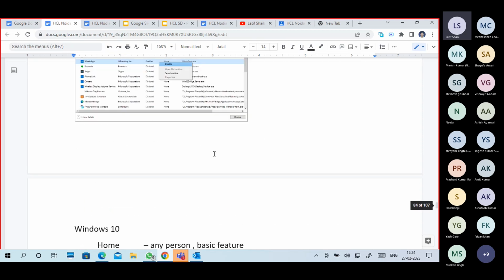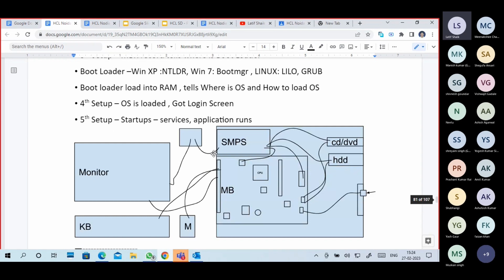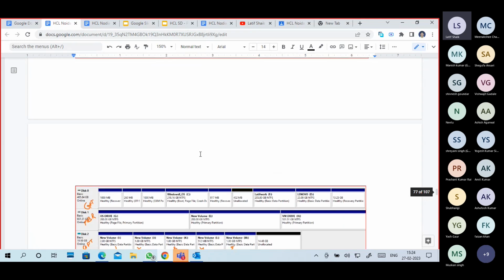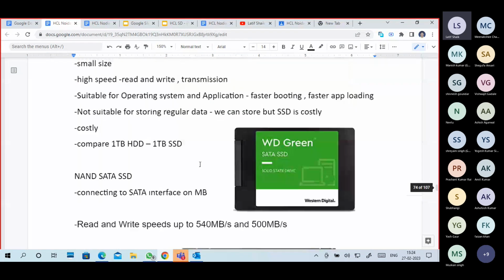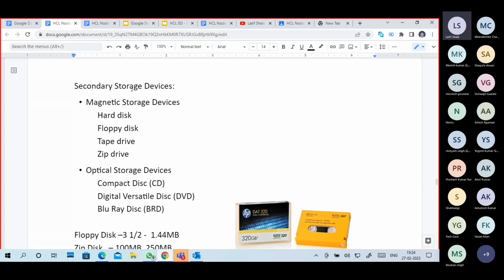Correct. So my mistake, sorry. Boot processing. This is boot processing. Operating system. A few things I have added here, that is the main thing here, like this.